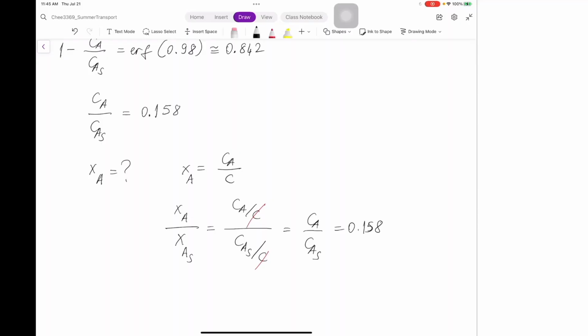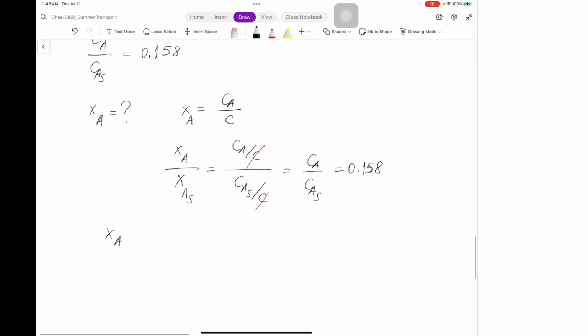Now this tells you that XA is equal to 0.158 times the XAS. So if you know the XAS, then you can calculate XA at 2 centimeters depth.